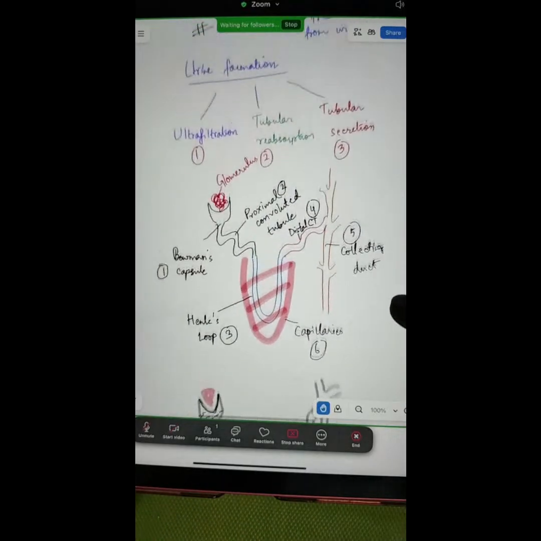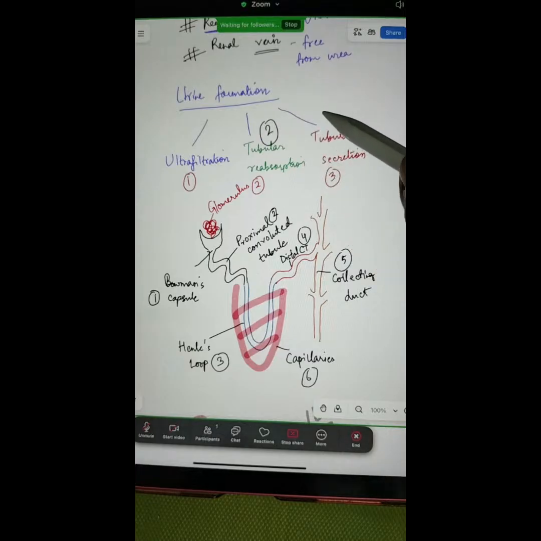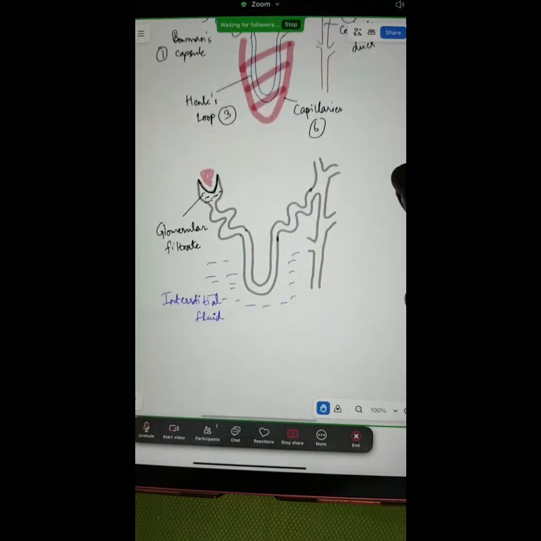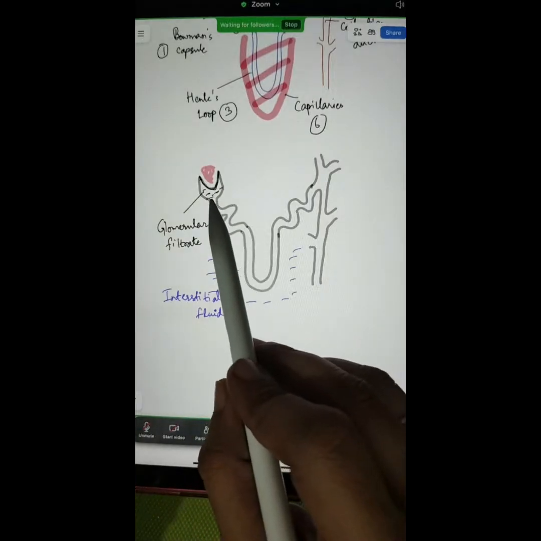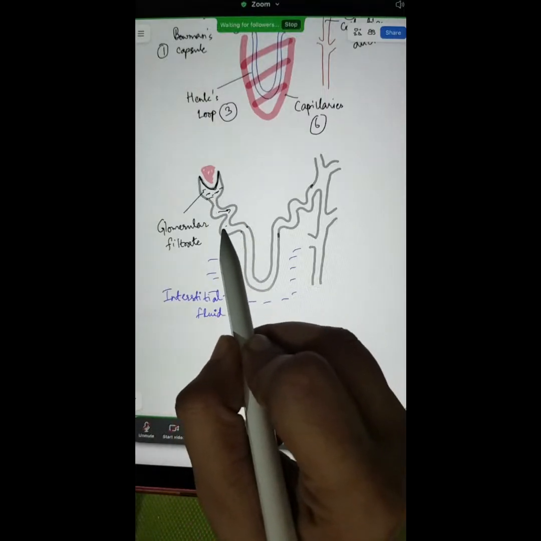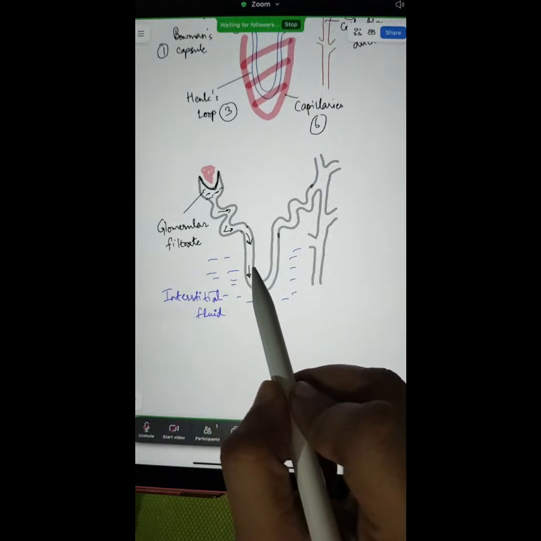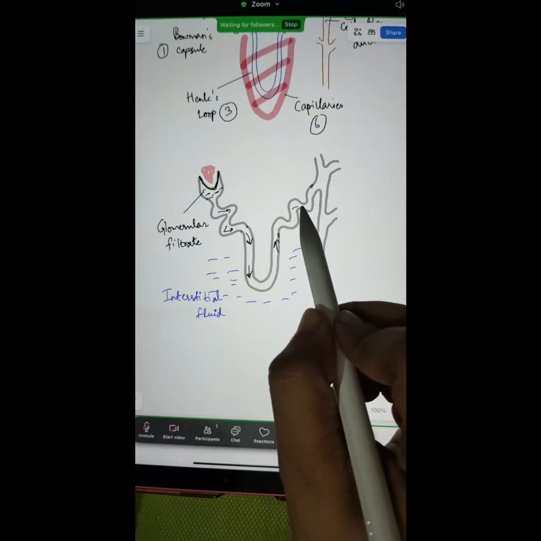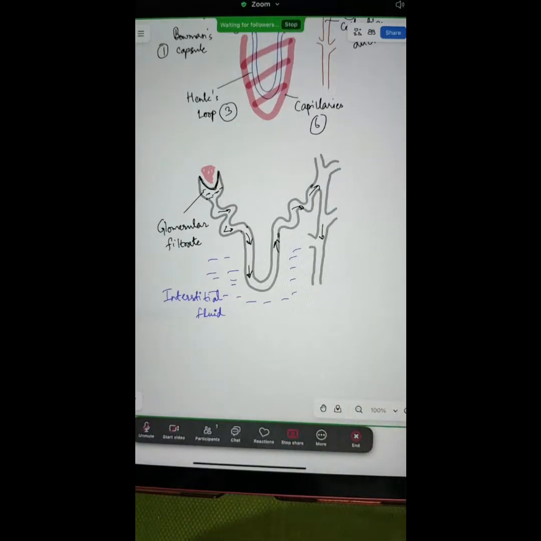Now, see here, I have written the second step of urine formation is tubular reabsorption, and the third part is tubular secretion. We are already done with the first part, that is ultrafiltration. Now, remember, as the glomerular filtrate has reached the Bowman's capsule, it is going to flow from PCT to Henle's loop, from Henle's loop to the DCT, and then to the collecting duct.